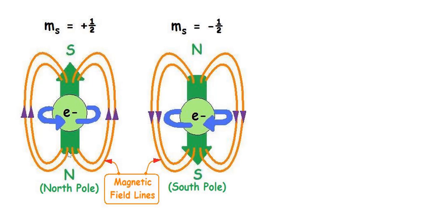Generally the flux starts from north to south. The magnetic field is generated like this. It is also similar to the Earth.